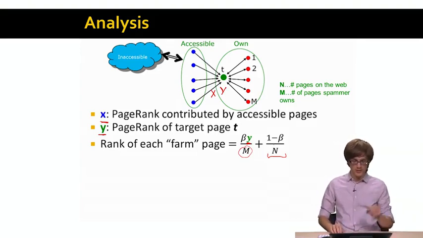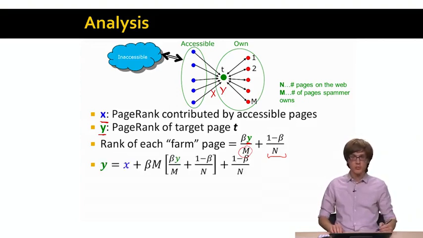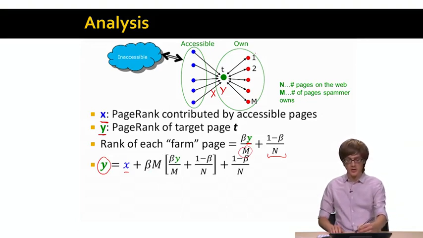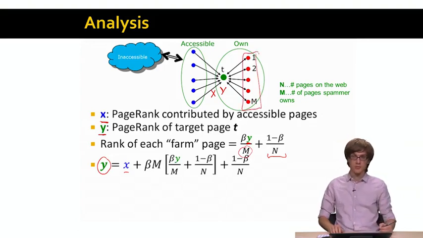So now, given that we know the score of every web page that we own, denoted as red nodes, let's also compute the value of y. The value of y, the PageRank score of node T, is simply x, which is the amount of PageRank contributed by the accessible pages, plus the contribution of PageRank scores from the pages that we own.